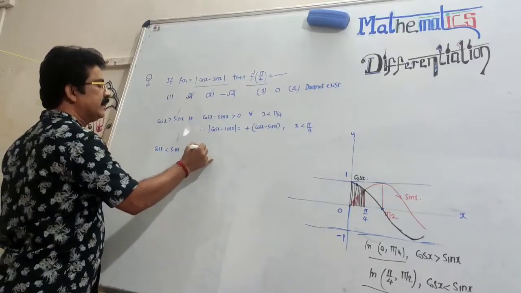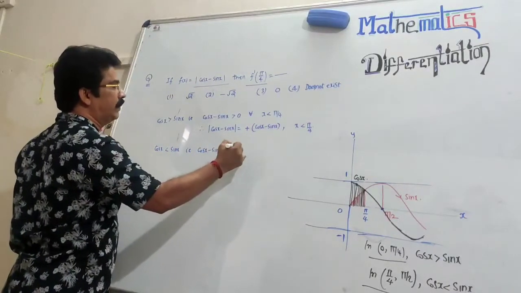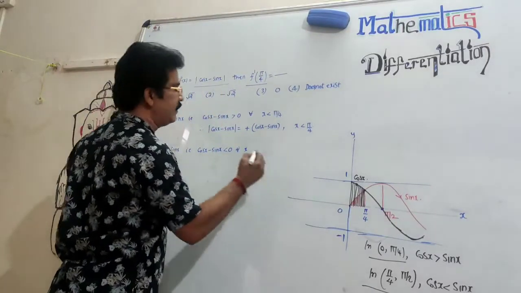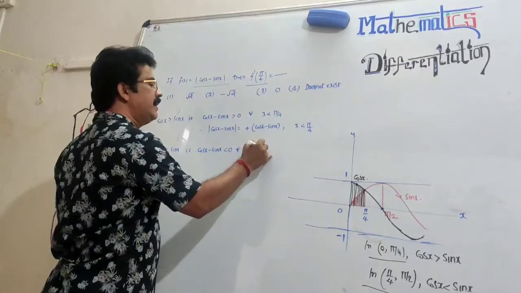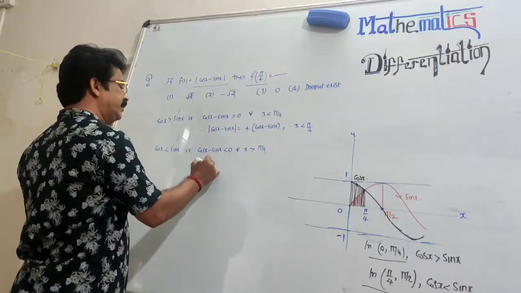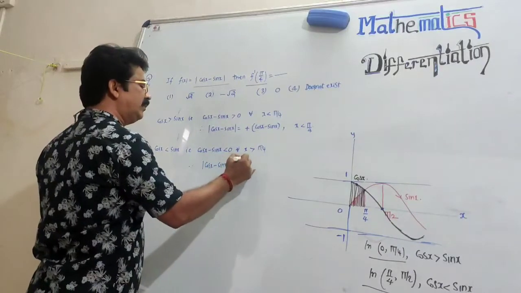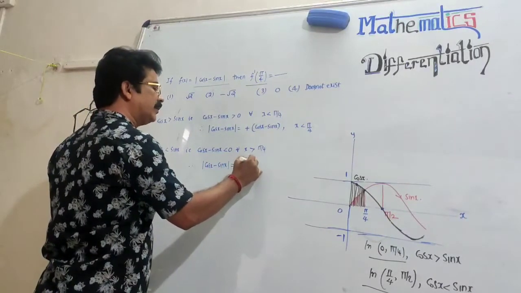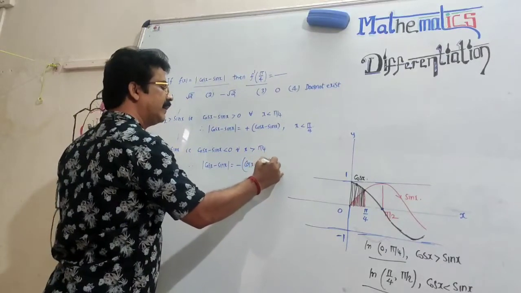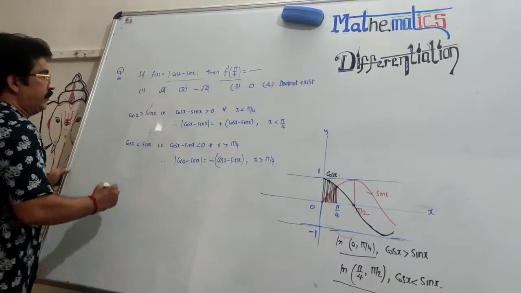That is, cos x minus sin x is less than 0 for all x greater than pi by 4. Therefore, modulus of cos x minus sin x equals minus of (cos x minus sin x), for x greater than pi by 4.